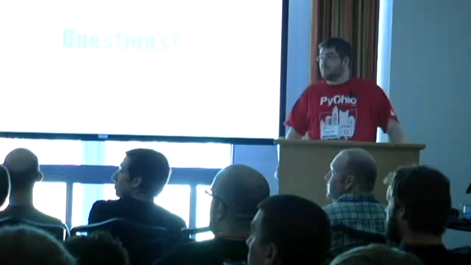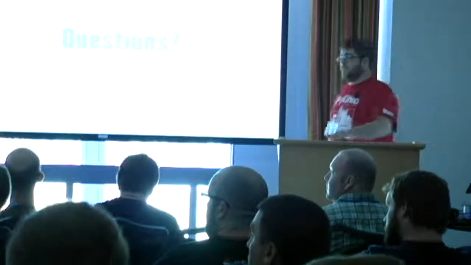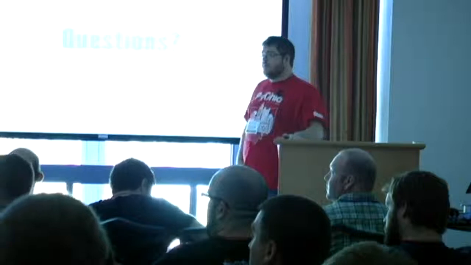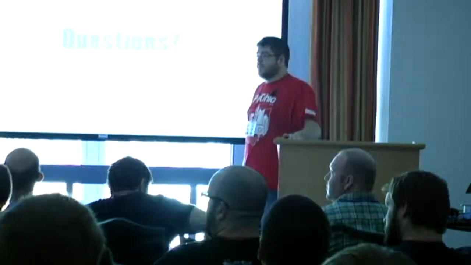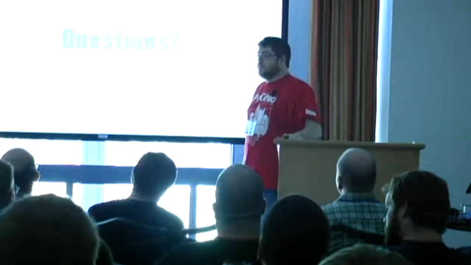I think also the answer to your question, the question earlier about map, is generator versus list comprehension. So there was a question asked earlier in the day: what is the difference between using map and a list comprehension?